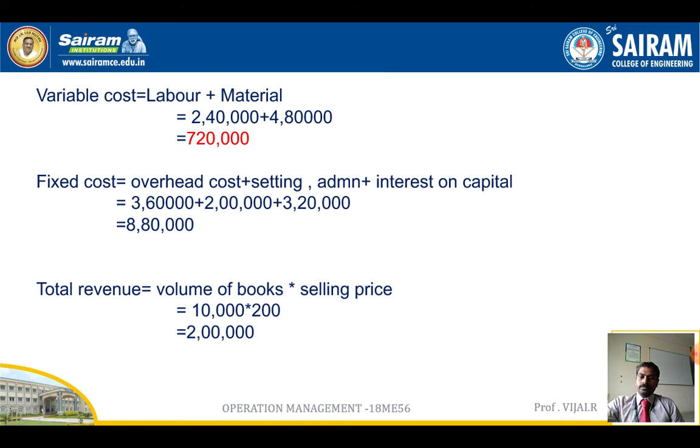So by using that, the variable cost is equal to labor plus material: 2 lakhs 40,000 plus 4 lakhs 80,000, so 7 lakhs 20,000 is the total variable cost. And fixed cost, by adding overhead, setting cost and interest on capital, we get around 8 lakhs 80,000.